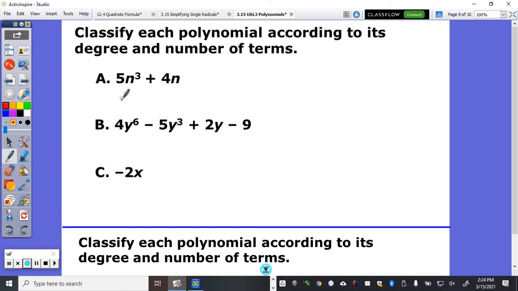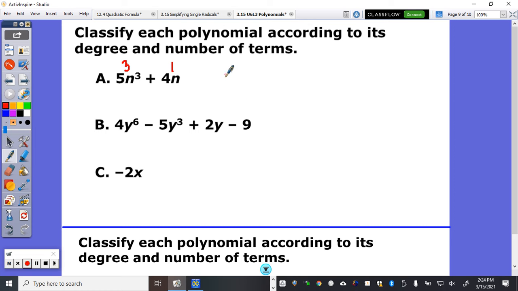So if I classify this by the degree and number of terms, what is the degree of this entire polynomial right here? I heard it. Who said it? 3. The degree of this term right here is 3. The degree of this term right here is 1.